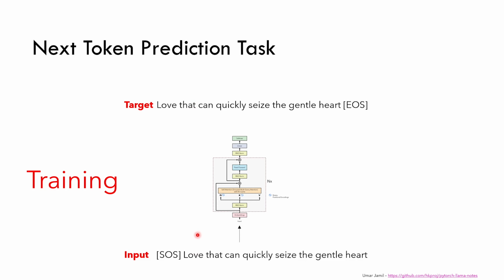This also means that if we give our model the input SOS, it will produce the first token as output, so "love". Then if we give the first two tokens, it will produce the second token as output, so "that". And if we give the first three tokens, it will produce the third token as output.